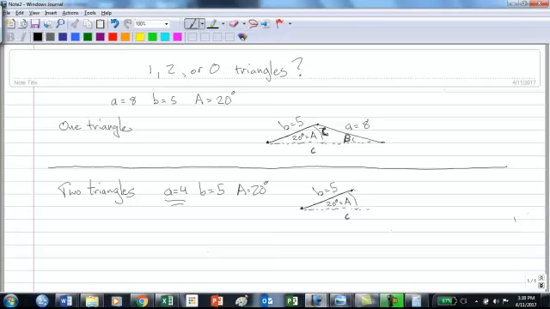That's a little too short, that's a little too long. There we are, something like that. That would be about 4. I know it's less than 5, and it appears to me that it's long enough to go from here to this bottom level. I could be wrong, but that will come out when we do the law of sines.